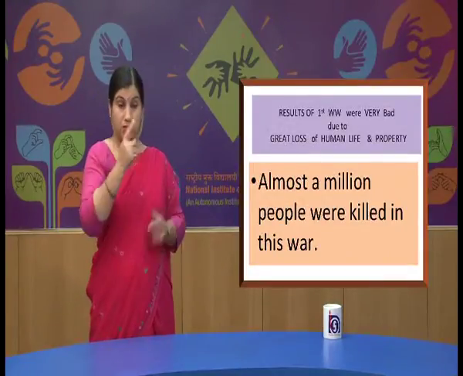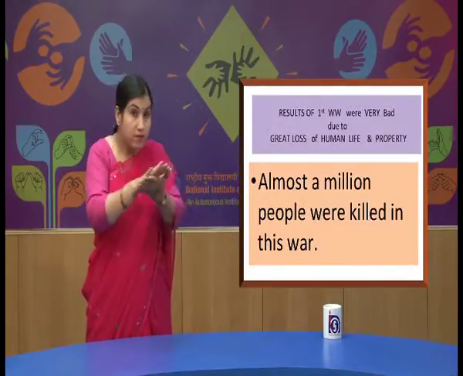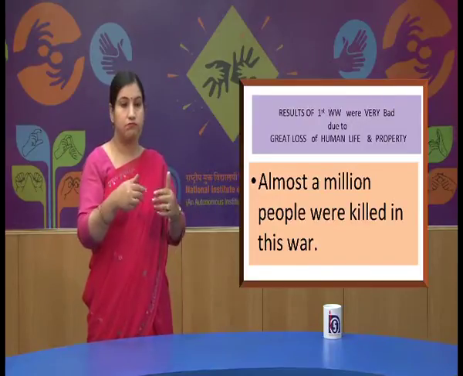The new government signed the Peace Treaty of Versailles in the year 1918 and the war came to an end. The First World War came to an end, but it had very bad results.